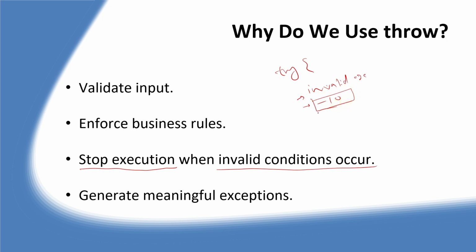In that particular case we want to throw an exception. So we can throw an exception with some meaningful name, like invalid age. Based on business requirement, if anything is failing, we will throw an exception inside the try block, and that will be handled by the nearest catch block. Why am I saying nearest? Because it will try to find out the matching catch block.